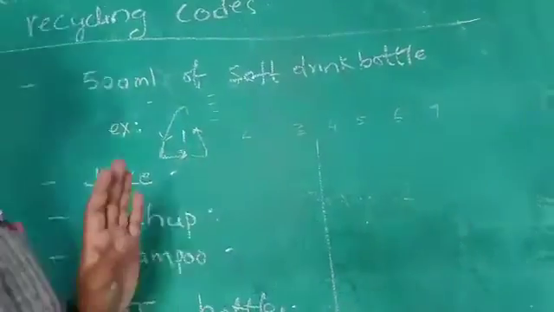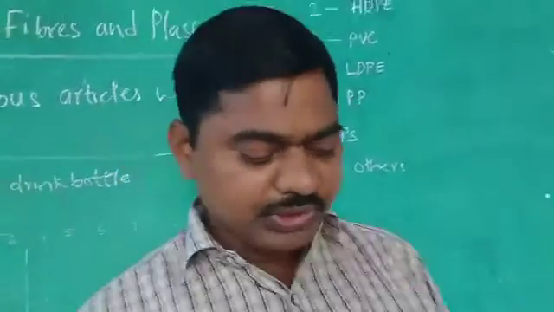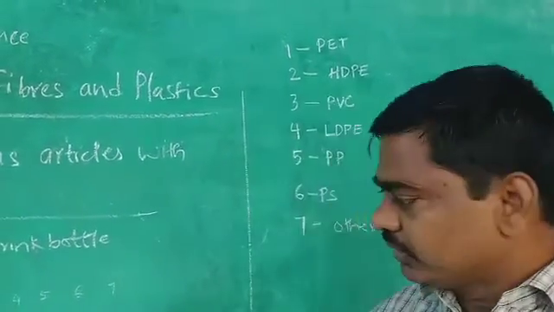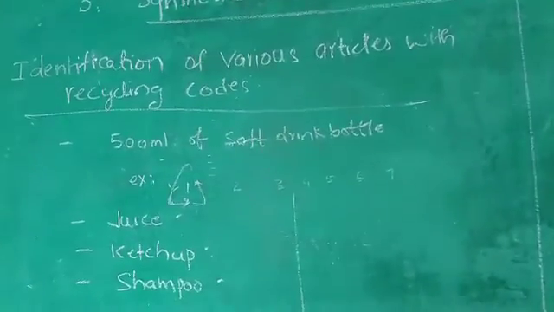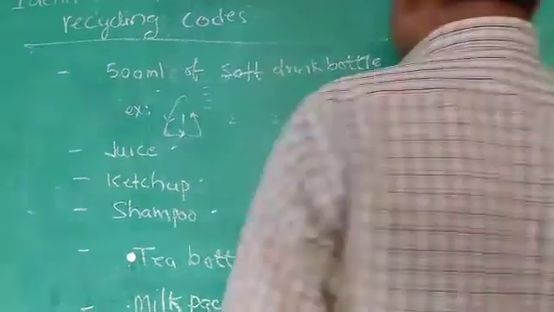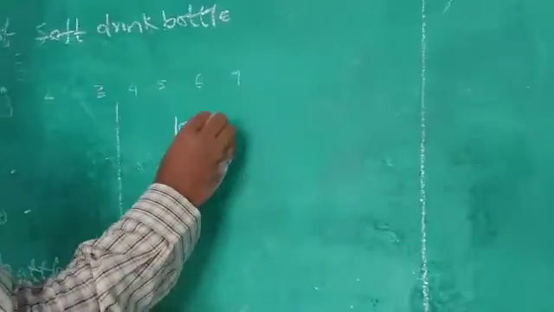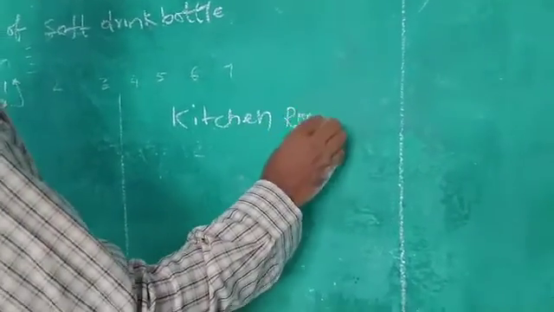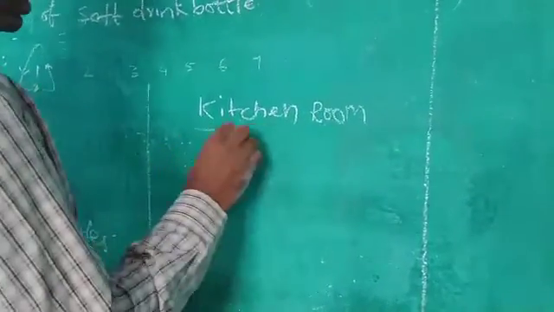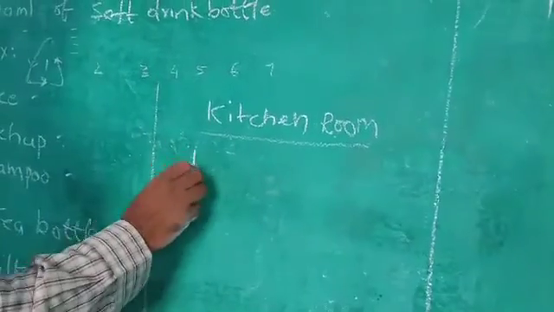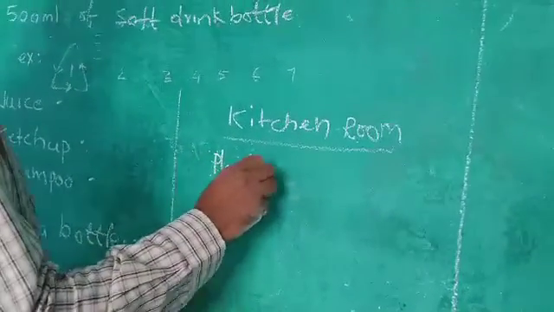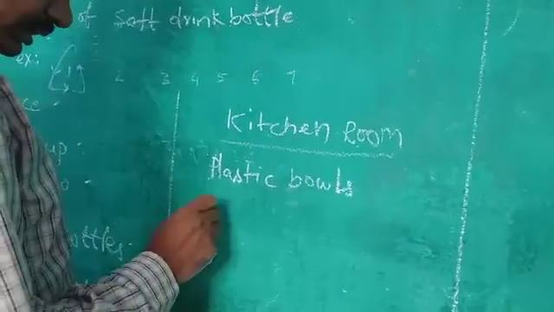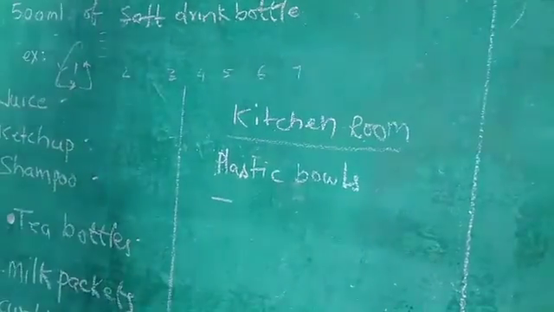Along with this, the plastic around us, you can see in the kitchen room. In the kitchen room there will be plastic bowls. See what information is there.